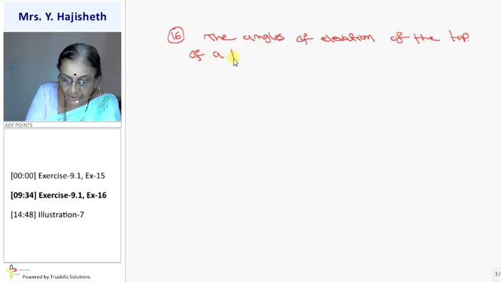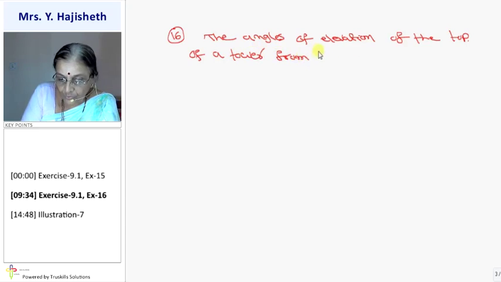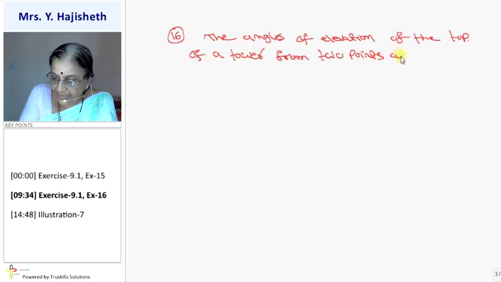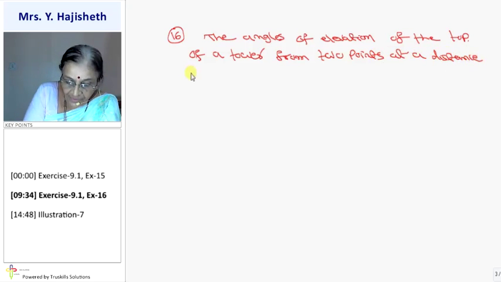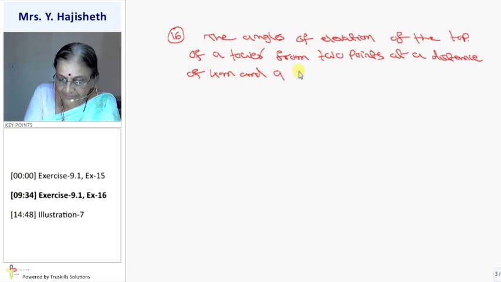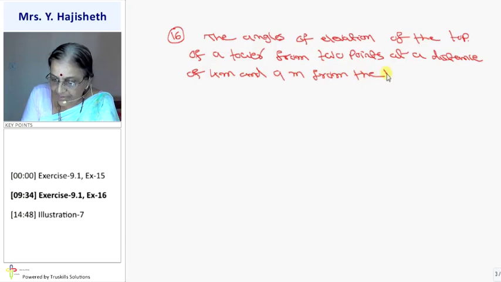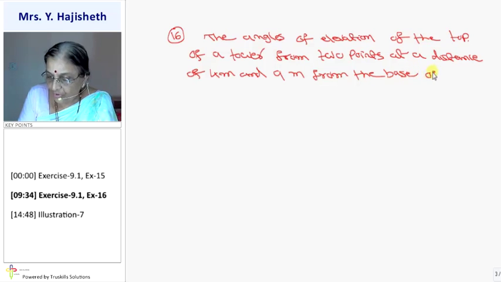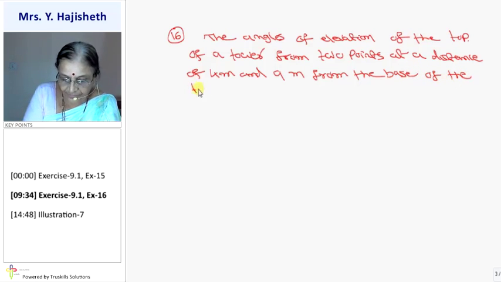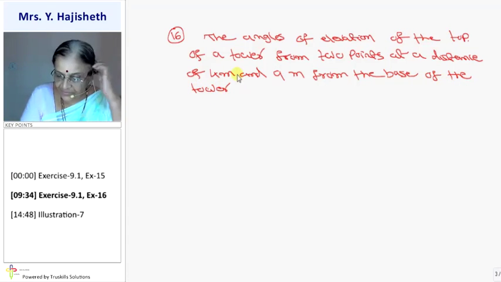Angle of elevation of top of tower from 2 points, okay, at a distance of 4 meter and 9 meter from the base of the tower. And in the same straight line.